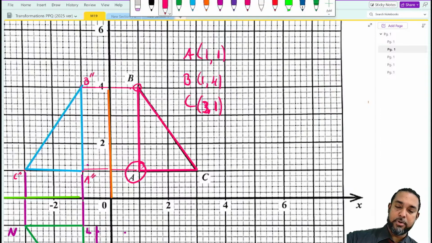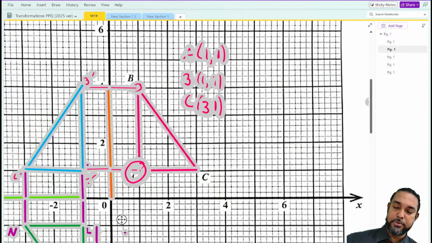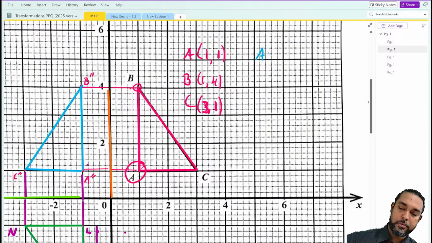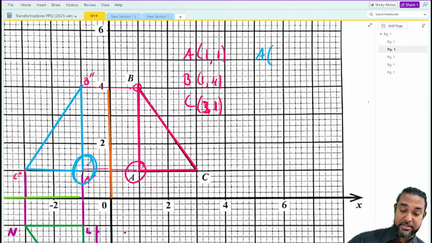What about the blue side now? What about the corresponding vertices on the blue side? So this B on top here. What is A? So after we reflected in the y-axis as the orange line, right? Correct. The x coordinate is -1, but the y coordinate stays the what? Stays the same. So the x coordinate changes, but the y coordinate stays the same.